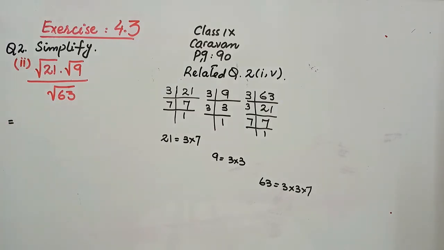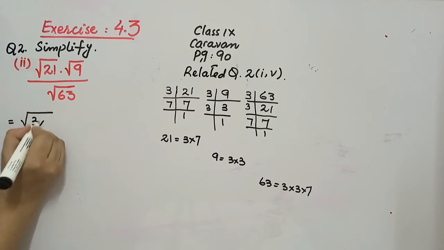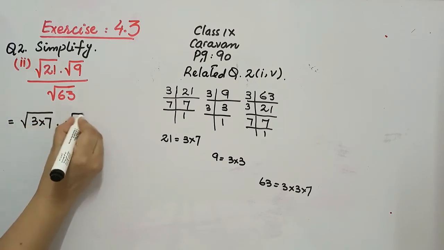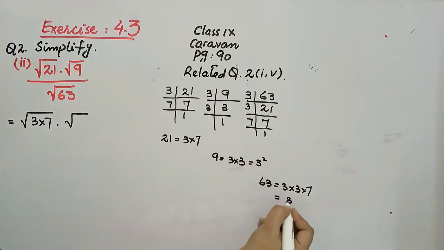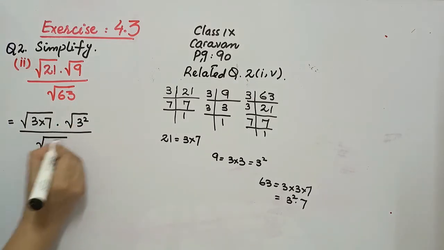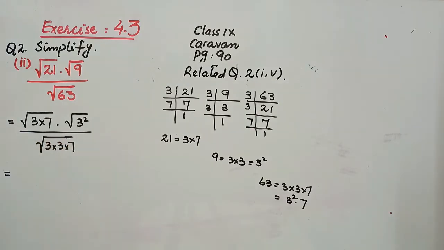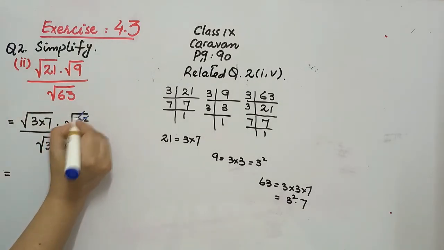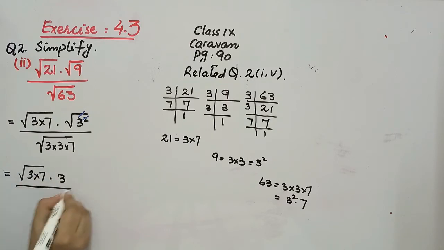So this is 3 multiplied by 7. I can write it down as 3 square into 7. So it will be 3 square, and this will be 3 into 3 multiplied by 7. This will be cancelled with the 3 into 7 into 3.